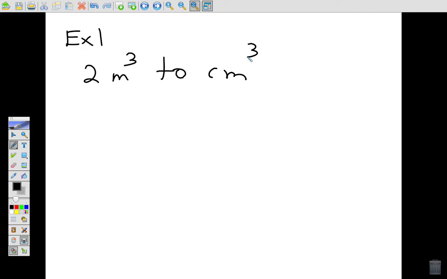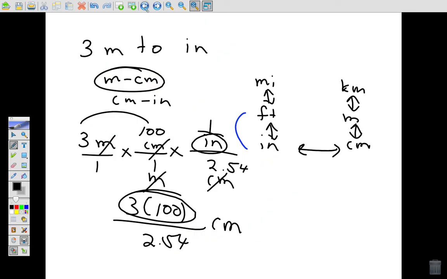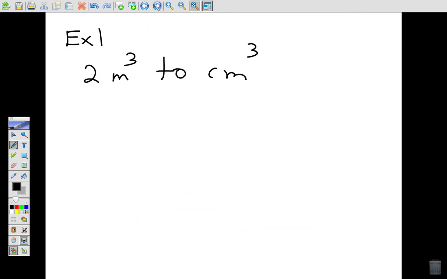We're going from meters to centimeters, so 1 unit multiplier. But what's meters cubed mean? Remember, meters cubed, I could write that as cubic meters. It's the same thing. Centimeters cubed, cubic centimeters mean the same thing. Same label.